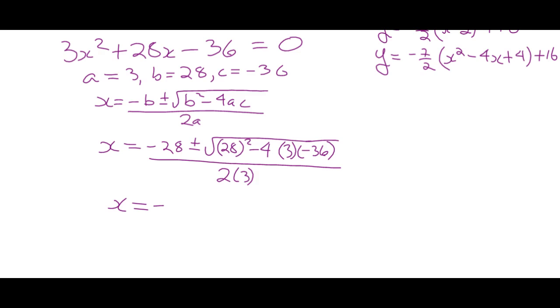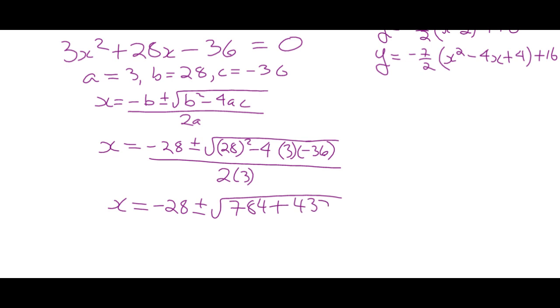Okay, so x is negative 28 plus or minus, what's 28 squared? I'll look on the sheet here. 784. What's 12 times 36? 432. That one isn't actually written here. I had to do that.